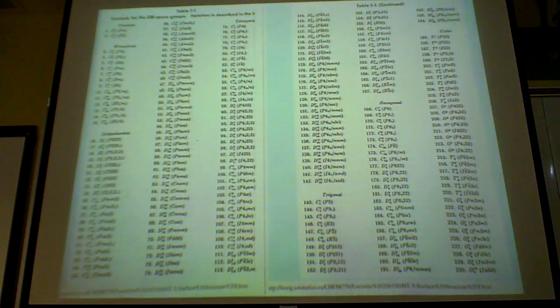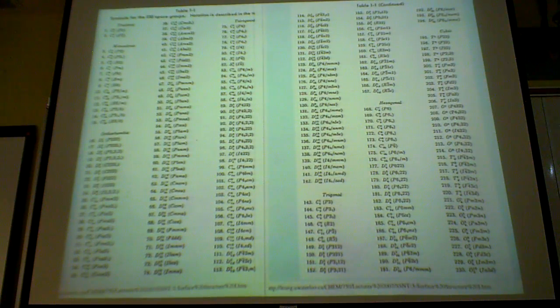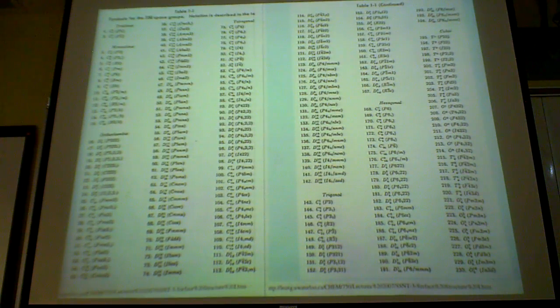Again, the Hermann notation here, and the standard chemistry notation on the other side. So when you read literature, I include this table so that in future, if you come across some literature and they listed, for example, FMMM, what is FMMM, right?